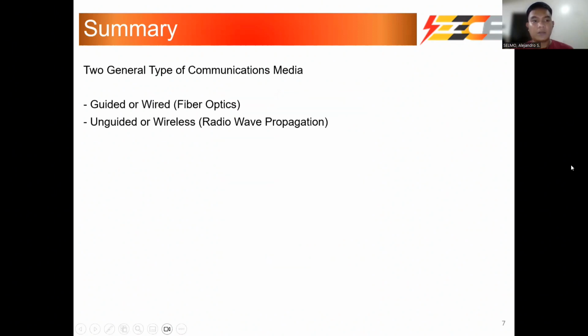Next thing we need to talk about are the two general type of communications medium, namely guided or wired, which uses fiber optics, and unguided or wireless, which is the principle of radio wave propagation.